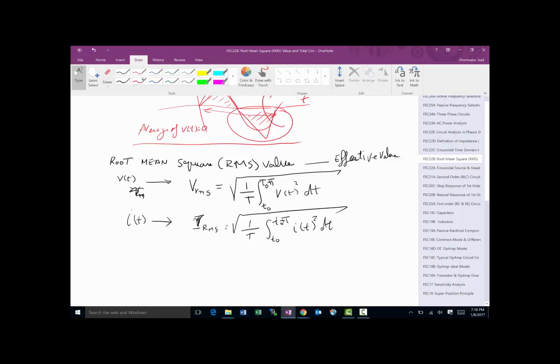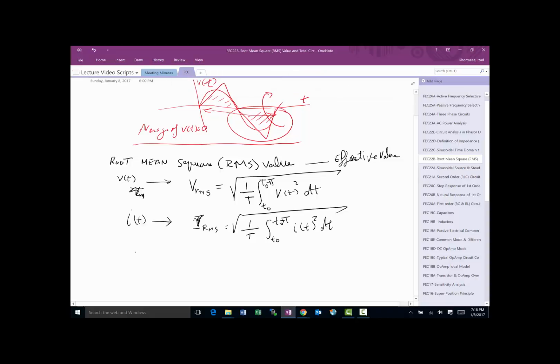One thing that happens due to the nature of a sinusoidal signal: if we were told that I of t is I max times cosine of omega t plus theta I, then after you plug this whole value into this equation, it all cleans up and reduces to Im over square root of 2.